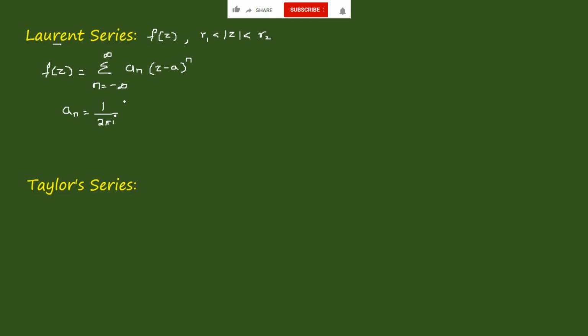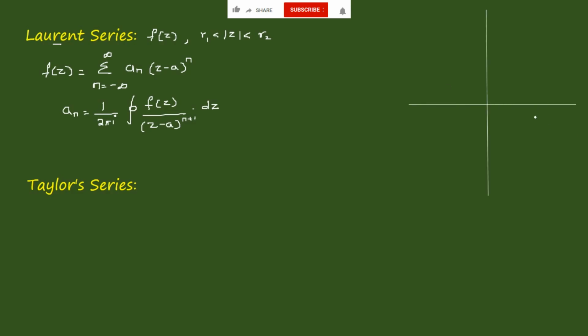Then we write this function f of z as summation of n equal to minus infinity to infinity an (z minus a) whole power n, and an is equal to 1 by 2 pi integrating over a closed curve f of z by (z minus a) whole power n plus 1 into dz.